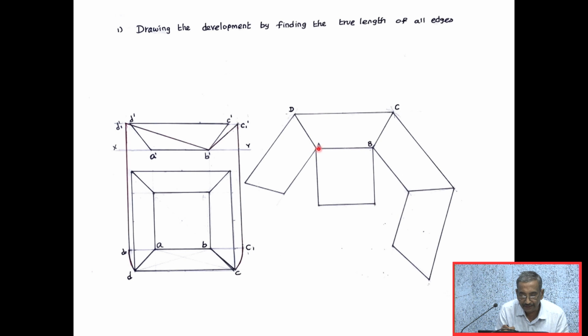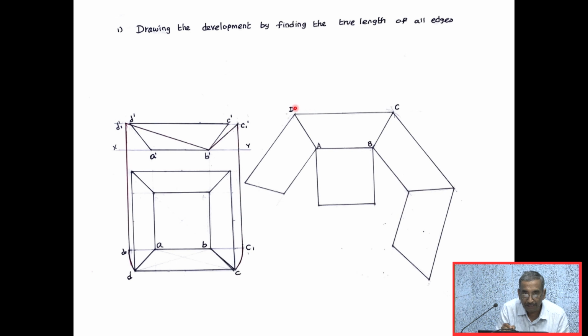With A as center, slant edge B dash C1 dash as radius, I can draw an arc. Then the true length of the diagonal, B dash D1 dash, with B as center, I will be drawing an arc.